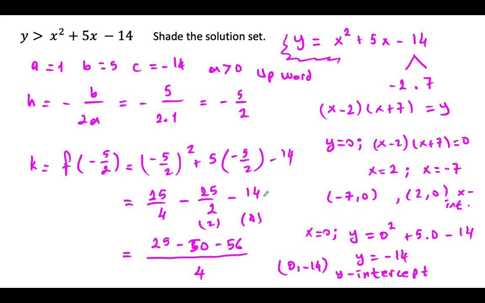To be sure one more time, 4 times 14 is 56, yeah. So finally, k is equal to 25 minus 50 minus 56, which is negative 81 divided by 4. Now the vertex is negative 5 over 2, comma, negative 81 divided by 4.